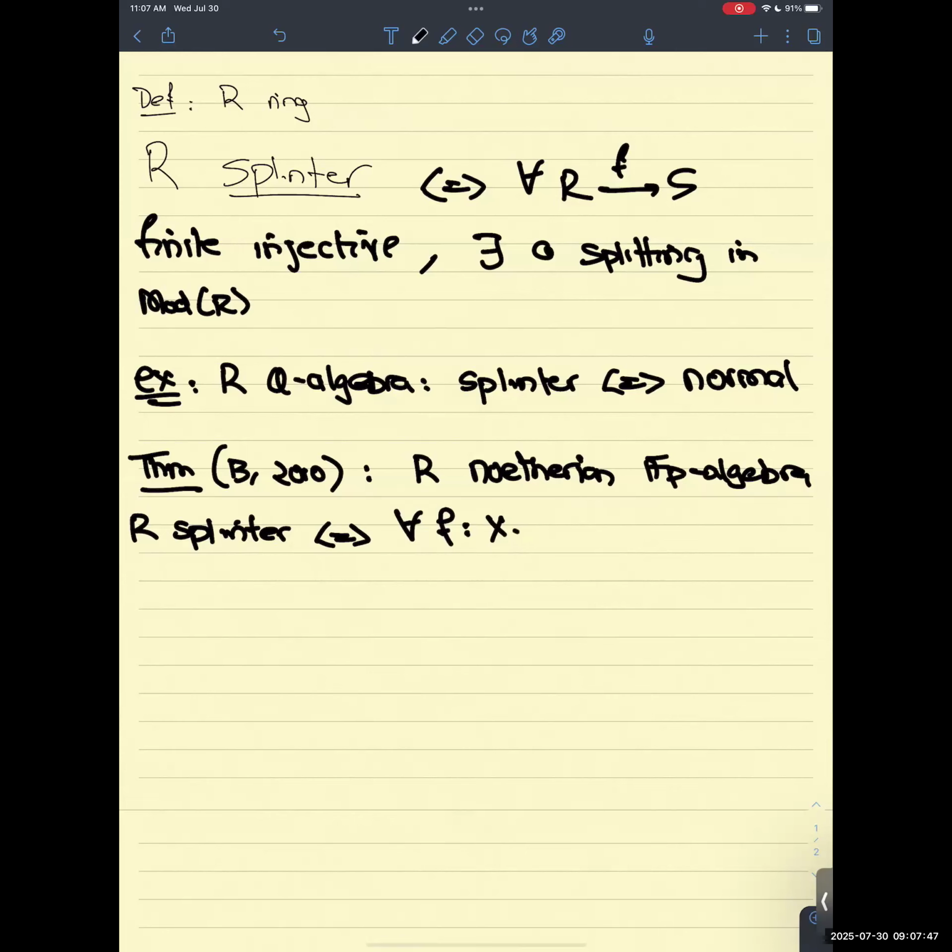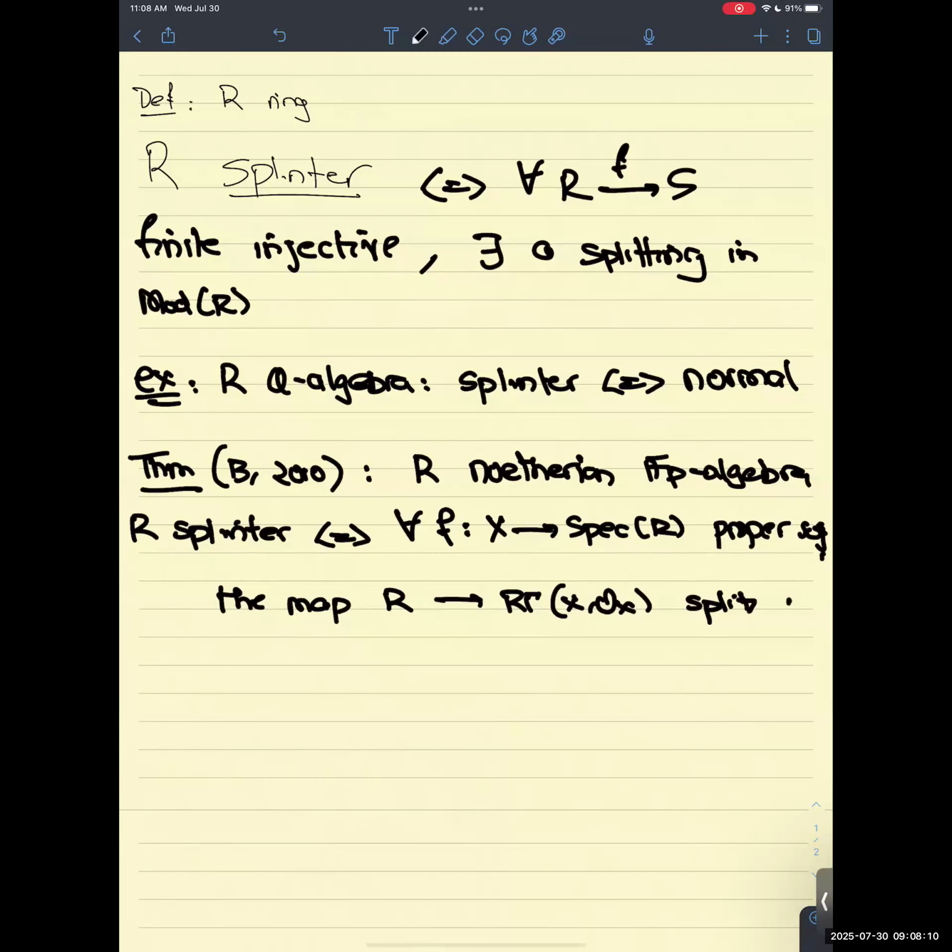So for all f from X to Spec R, which is proper and surjective, the map from R to RΓ(X, O_X) splits in the derived category.